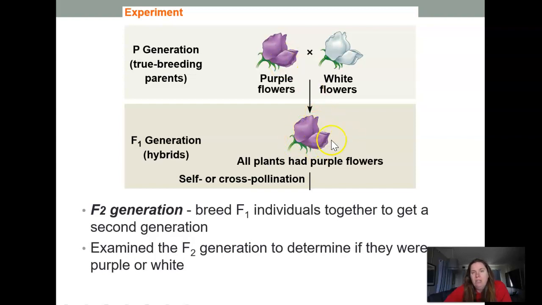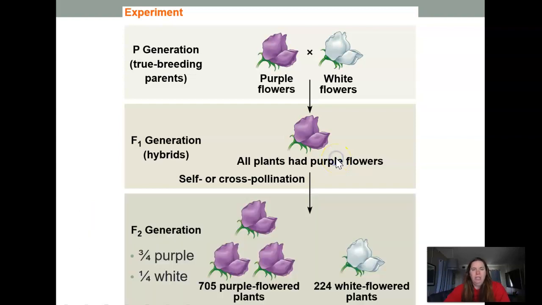And you would assume that because all of the F1 generation were purple, all of the F2 generation would be purple as well. And he was surprised. He was surprised to see that that's in fact not the case. There are white flowers, and there's actually plenty of white flowers that pop up in that F2 generation. And even more importantly, they always showed up within the same ratio.